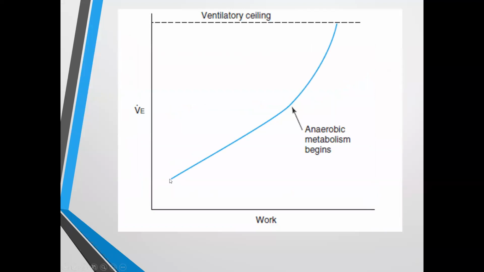And then this is showing you, on the horizontal axis, work, and the work would be per, let's say, the Bruce protocol. It's a very stepwise, structured additional load that's put on the patient. And it's showing you what's happening with the minute ventilation. But at some point, that minute ventilation is going up disproportionately. And I will tell you, at some point, the patient is not going to be able to keep up.